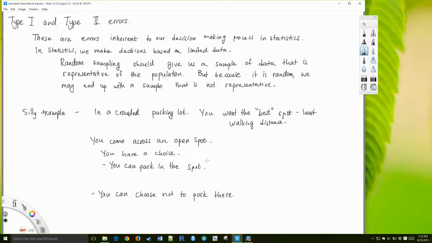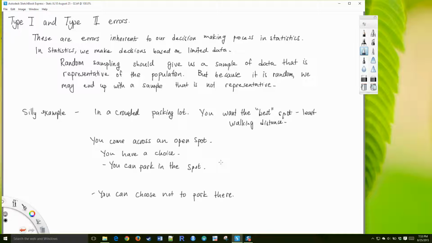But when you choose to park in a spot, essentially you are hoping this is the best spot. You're hoping that you're not going to find a better spot as you're walking towards the store. And if you do see a spot that was better, you feel a tiny bit of disappointment that says, oh, I could have parked there.